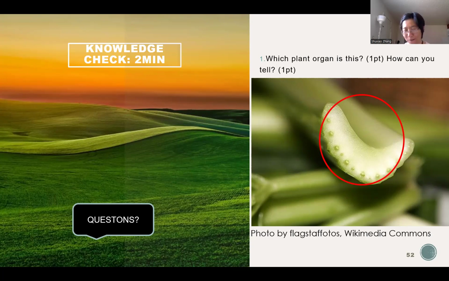All right, so for celery, if you ever chop open the celery down the middle, you'll find out that celery is actually very similar to the onion in the case that it has actually compressed internodes. So the part that we call the stalk or the stem of the celery that we eat is actually part of the leaf. You're eating the petioles of the leaf.